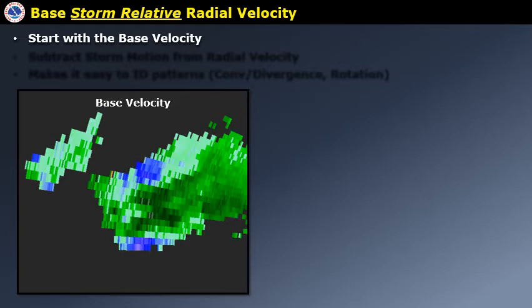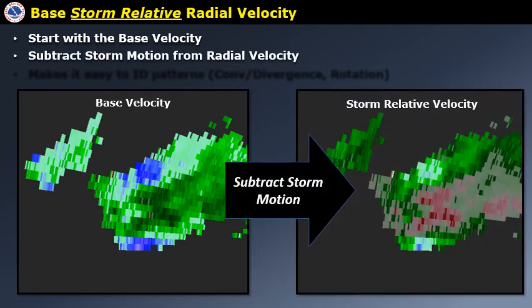The base storm relative radial velocity product allows us to account for swifter storm motions that may mask important features. In short, we start with the base radial velocity and then subtract out the storm motion from the radial velocity. Now, the storm's motion on many radar applications utilize either an automated algorithm or storm motion derived from the NWS listed warning text.